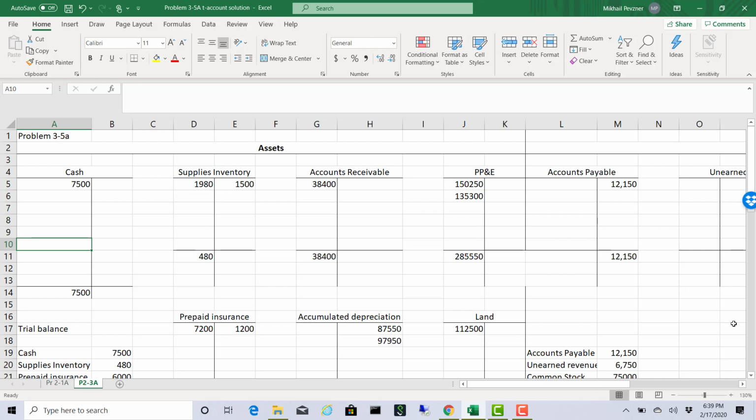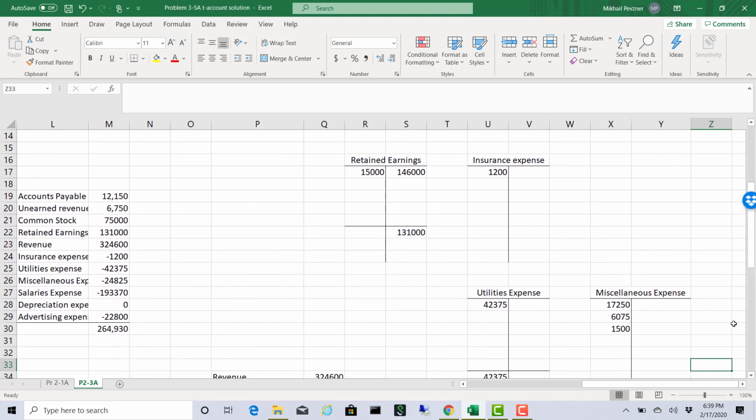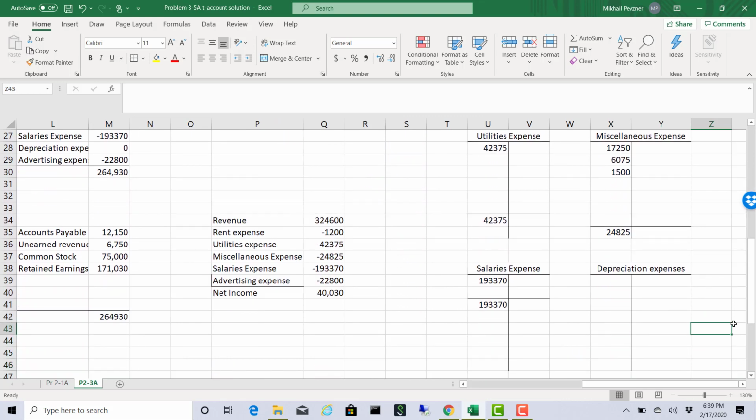Then it says depreciation on the building for the year was 7,500. Depreciation for the equipment was 4,150. So for this one, I need to add depreciation expense, which I have an account for, which in this case says 7,500.